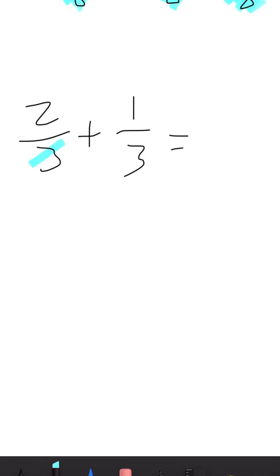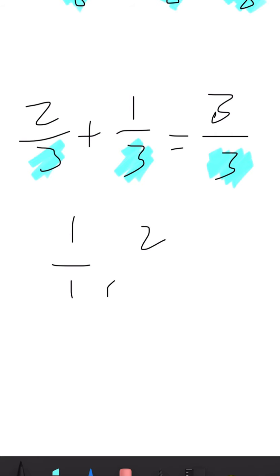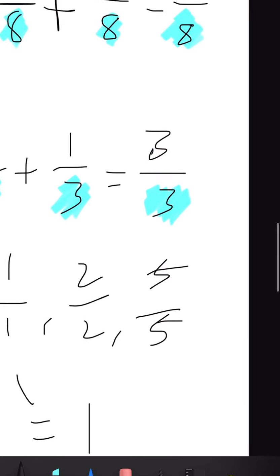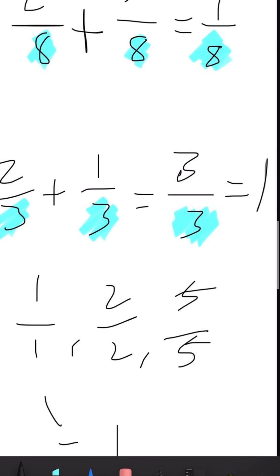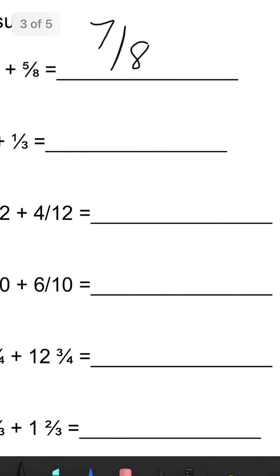And we see that there is a common denominator of 3, so we'll bring that over. 2 plus 1 is 3. Again, anything over itself, like 1 over 1, 2 over 2, 5 over 5, these all equal 1 whole. So 3 over 3 equals 1 whole as well. So we'll put 1 here.